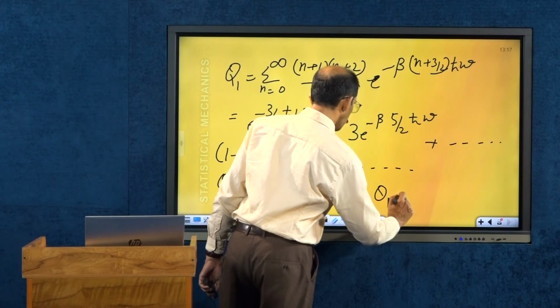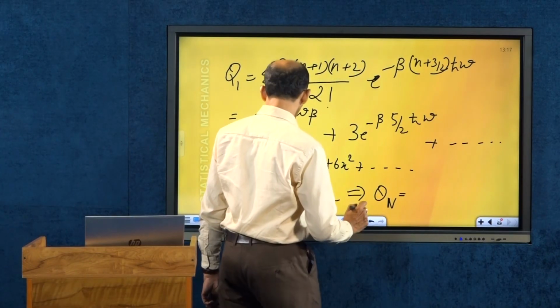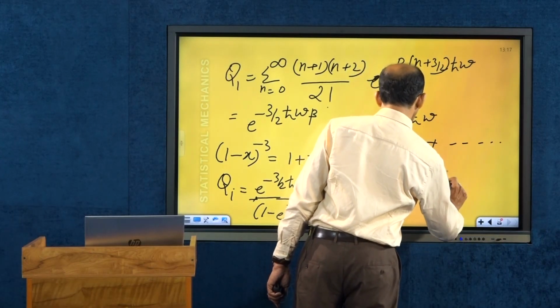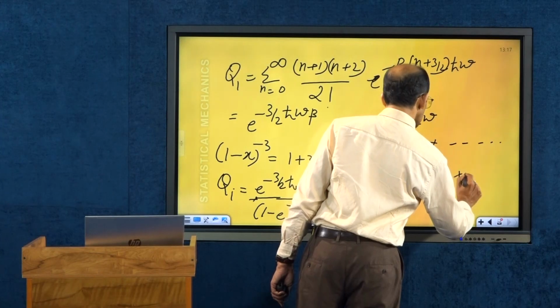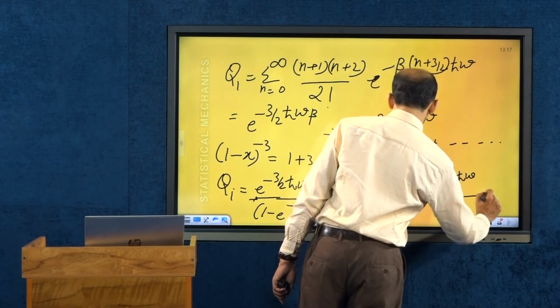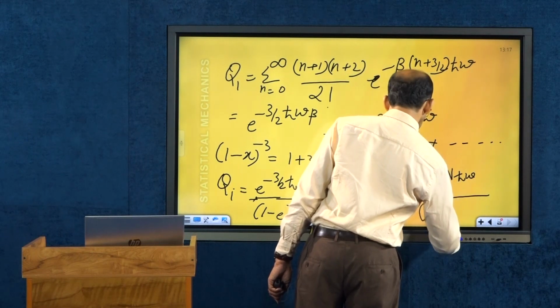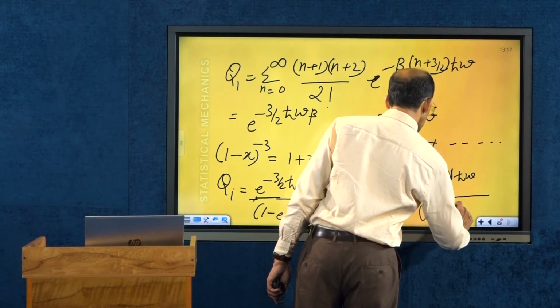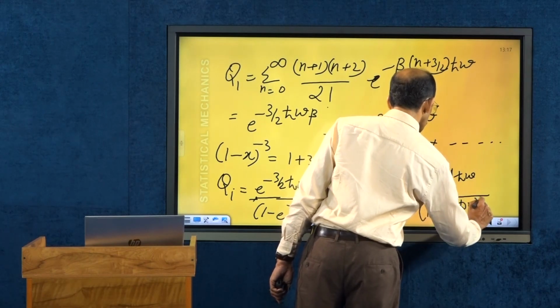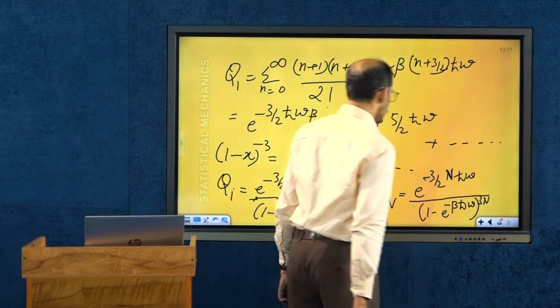Correspondingly we have qn is equal to e raised to minus 3 by 2 n beta h cut omega divided by 1 minus e raised to minus beta h cut omega, the whole raised to 3n.